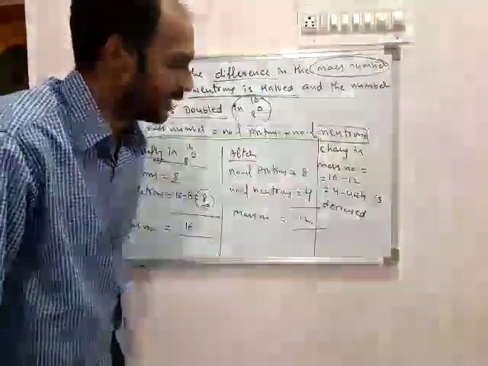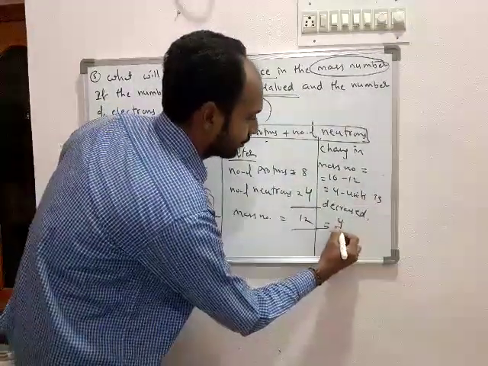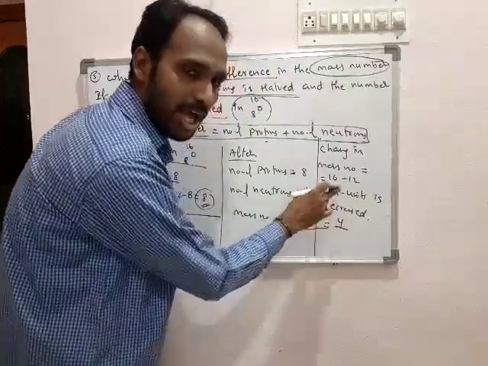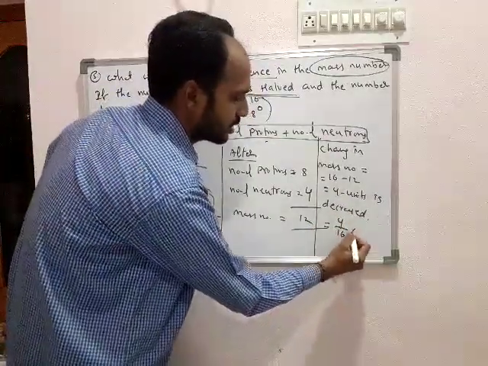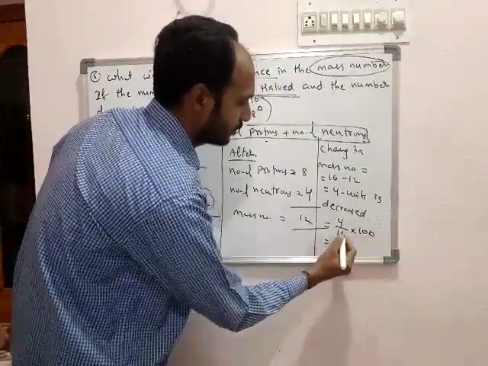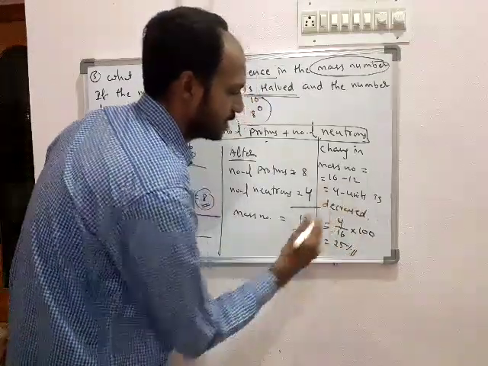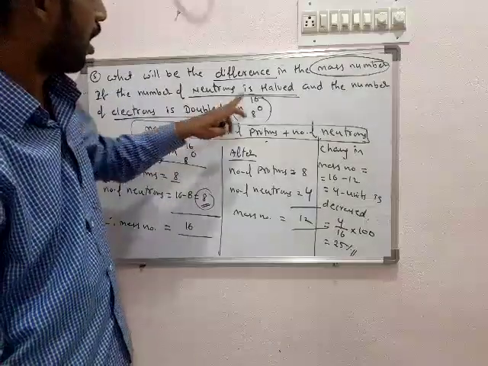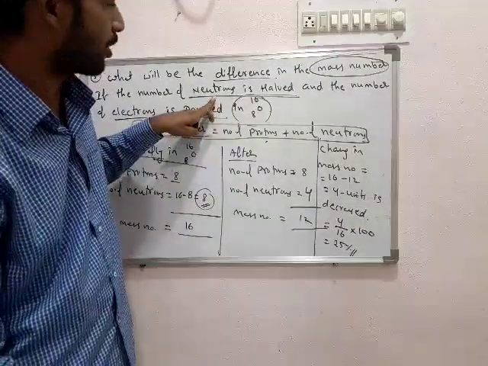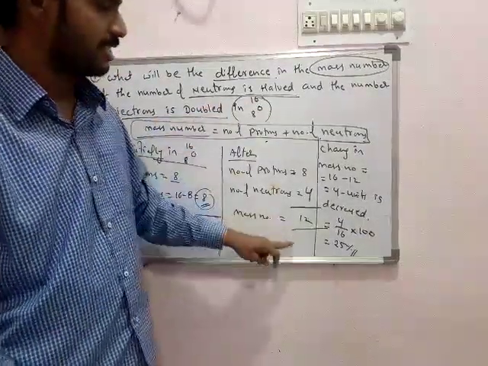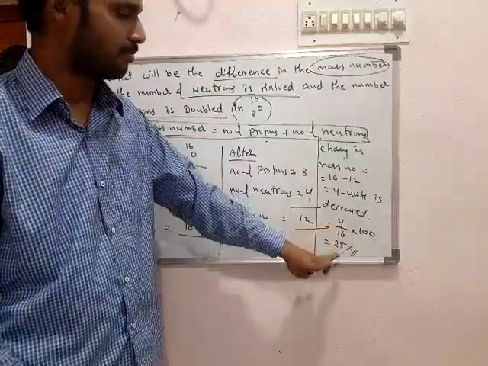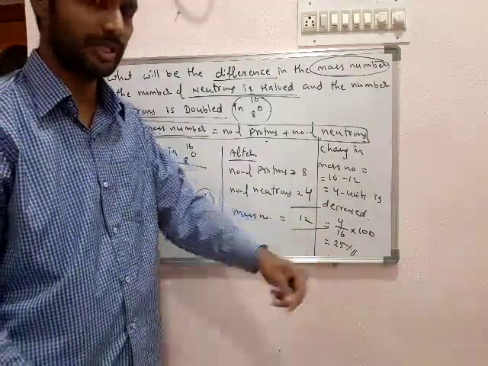So in terms of percentage, 4 units decreased out of a total of 16 units. So that becomes 25%. Means due to the halving of the number of neutrons, there is a decrease in the mass number by 25%. Okay, take it.